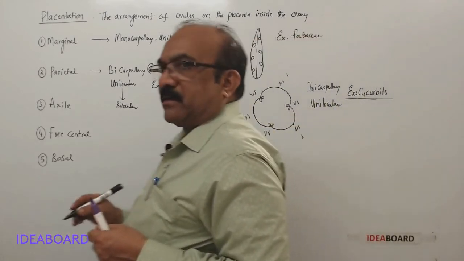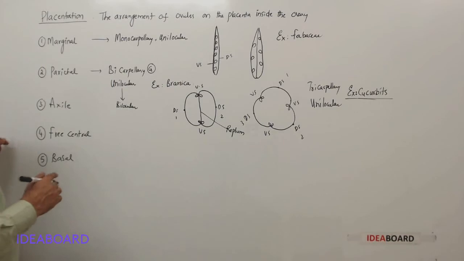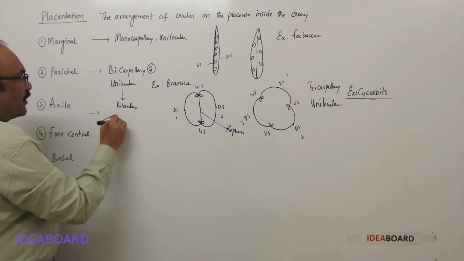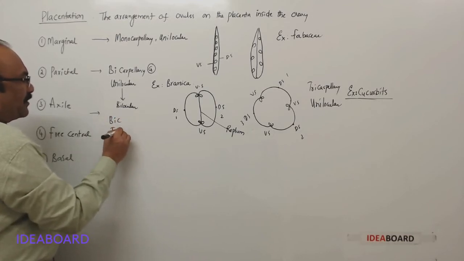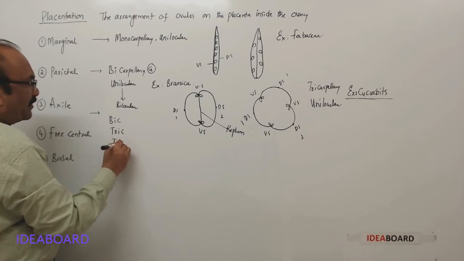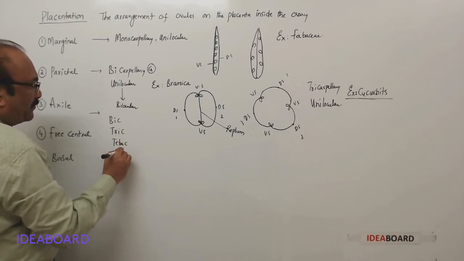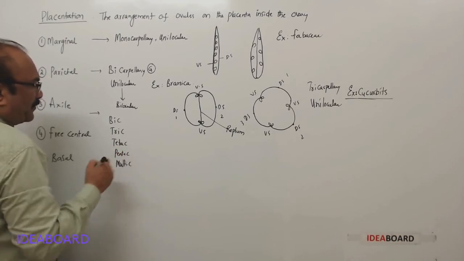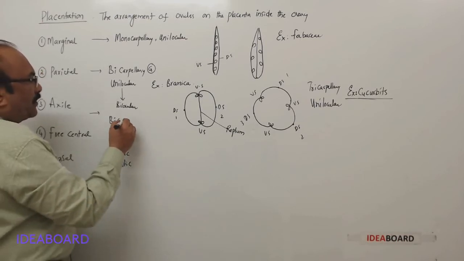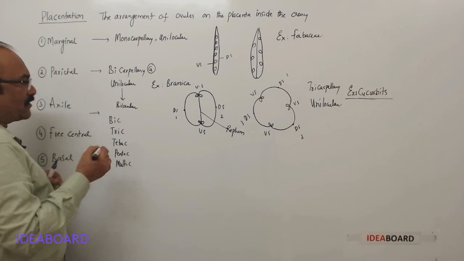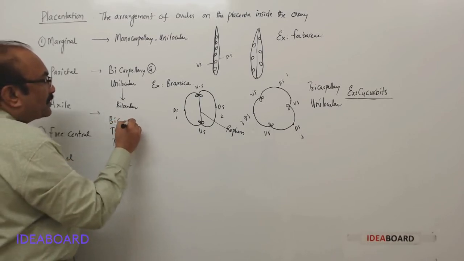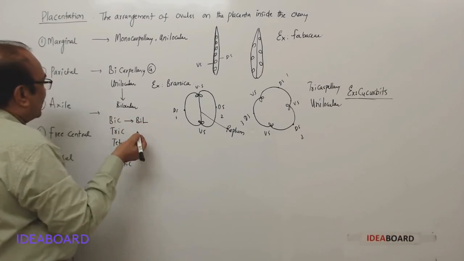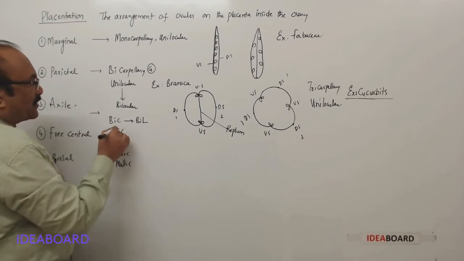Okay. Now let us discuss the third type, axial placentation. This axial placentation you will find in bicarpellary or tricarpellary or tetracarpellary or pentacarpellary or multicarpellary. One condition that we have to see here: when the number of locules is equal to the number of carpels, then the type of placentation will be axial placentation.